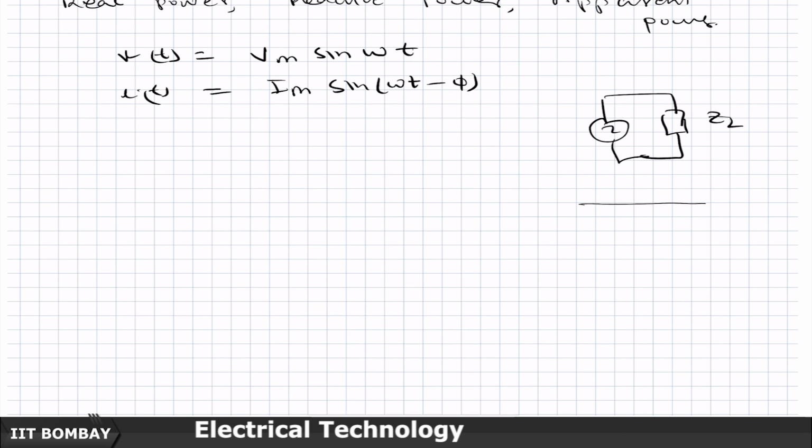So, phasors if I want to show, naturally I will take Vm sin omega t as my reference phasor. So, this is the v(t) waveform, this is the i(t) waveform, and the current lags the voltage by the angle phi. It is an inductive circuit.